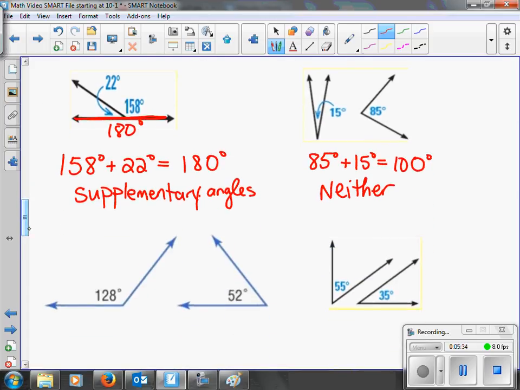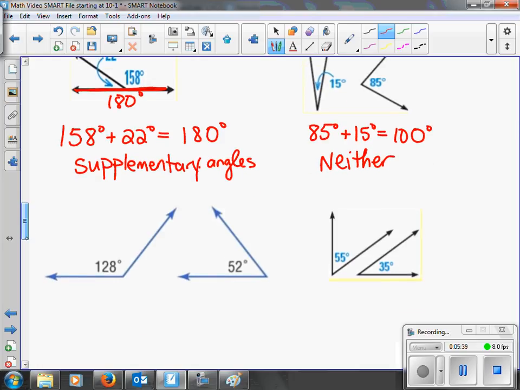Okay, and now we have this pair here, 128 and 52. Let's add them up and see what they equal. 128 plus 52. 8 and 2 is 10. And 5 and 2 is 7 plus the 1 is 8. So this equals 180 degrees, so they are supplementary angles.